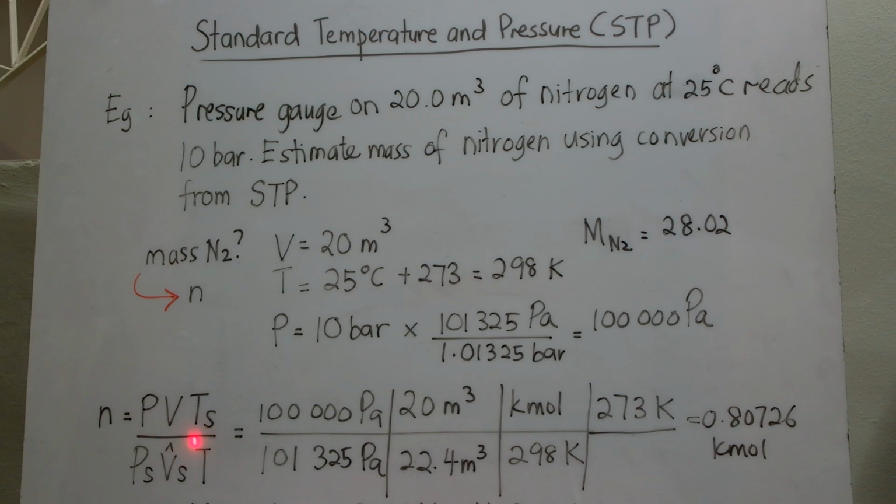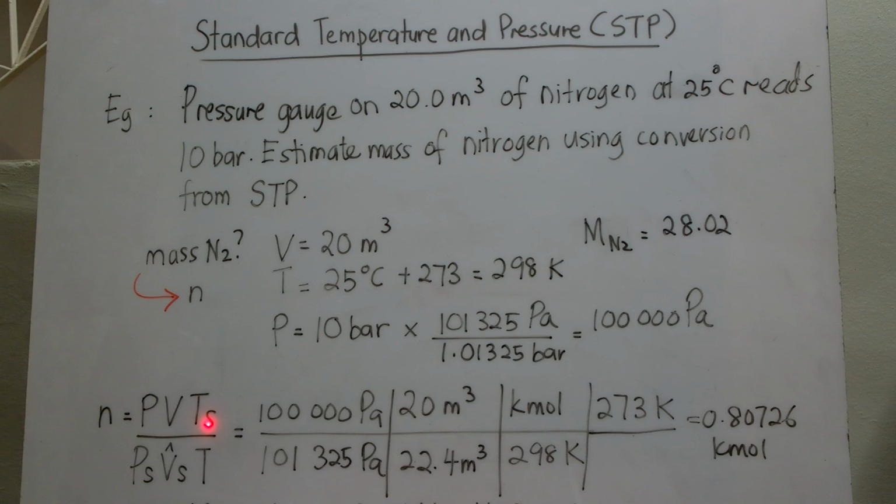So we arrange the equation that I showed you previously. Remember we want to find n. When we rearrange the equation, we get n equals P V T standard divided by P standard, specific molar volume of standard, times T. So we put all this information here. This is for T standard.